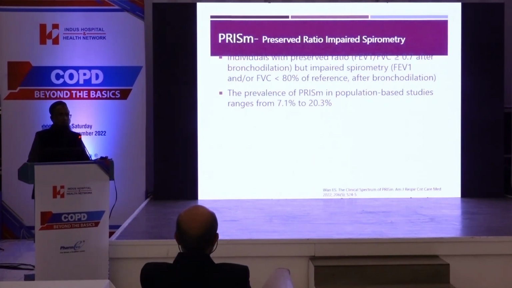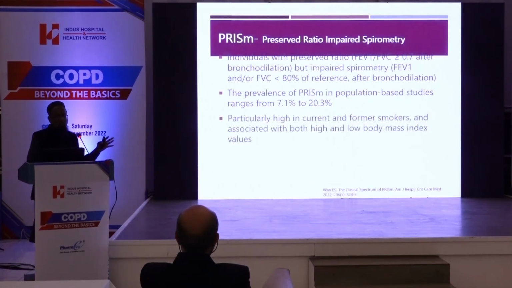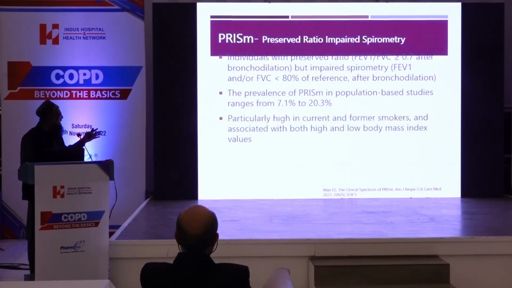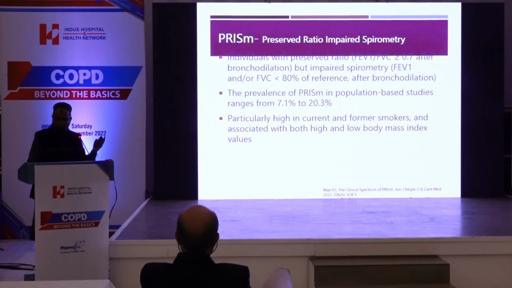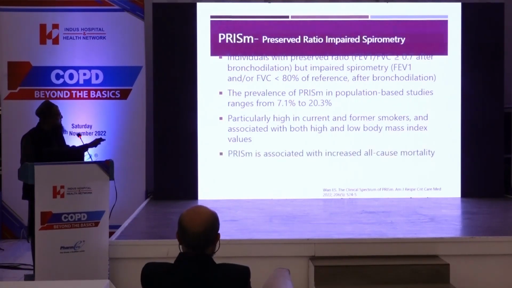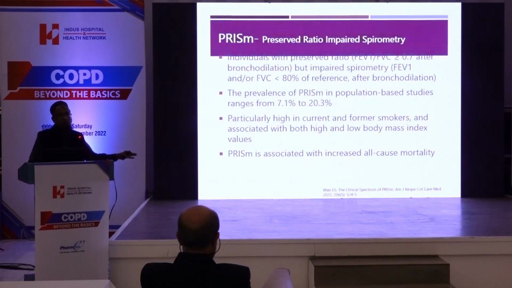This patient is symptomatic, FEV1 is low, FVC is low, but the ratio is maintained. So who are these patients? They are basically current and former smokers. Total population-based studies में the prevalence ranges from 7.1 to 20% of this group, and this is associated with increased all-cause mortality.